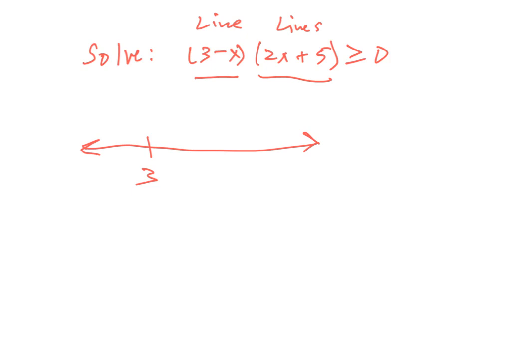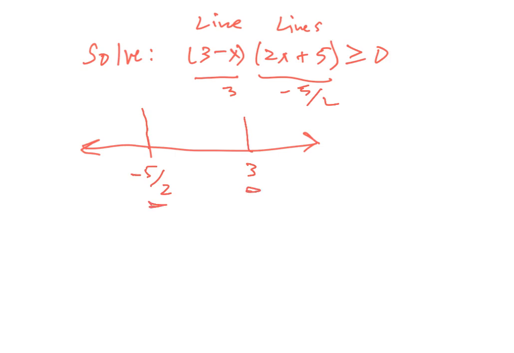Okay, I can do it. So we have our sign change points, 3 and negative 5 halves. So minus 5 halves is the smaller one, and 3 is the big one. So my sign graph breaks the real line into these 3 regions: small guy on the left, big guy on the right.